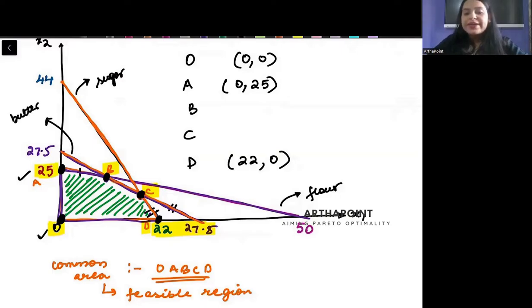Now look at point B. At the point B, this butter constraint and this flour constraint are intersecting with each other. So which two equations will I solve? I will solve the equation of the butter constraint with the equation of the flour constraint.